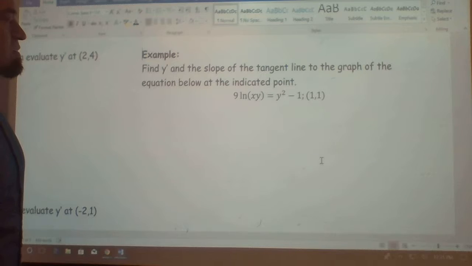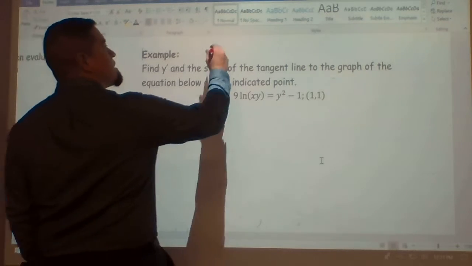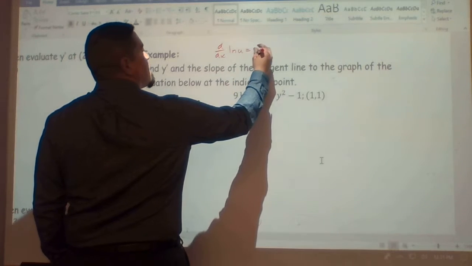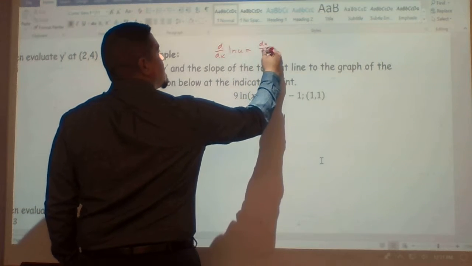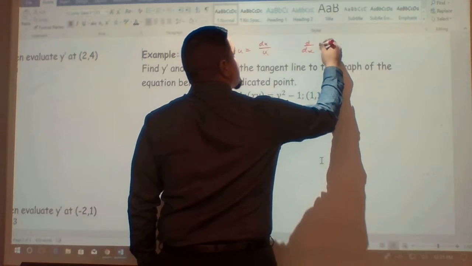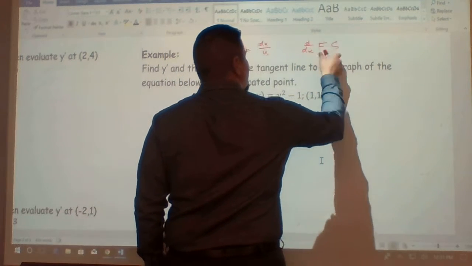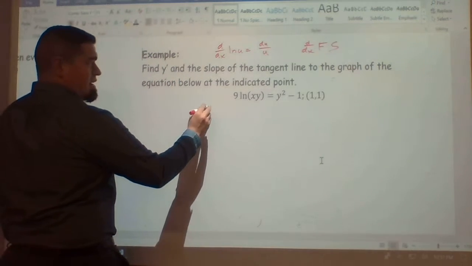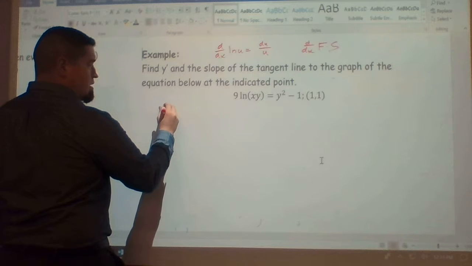So two rules to recall: d/dx of ln u equals du over u, and the other rule is d/dx of the first times the second unchanged. So this is one of those 2-in-1 functions that y'all like so much. So we'll just go ahead and do it.